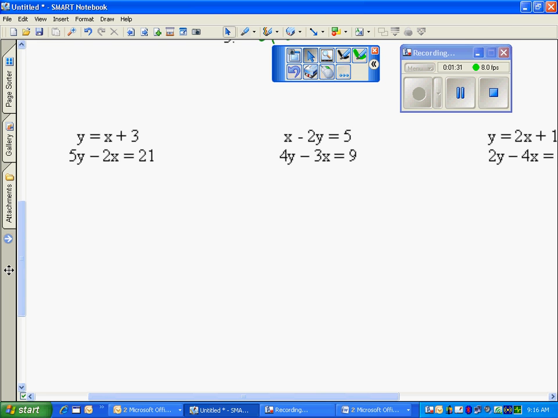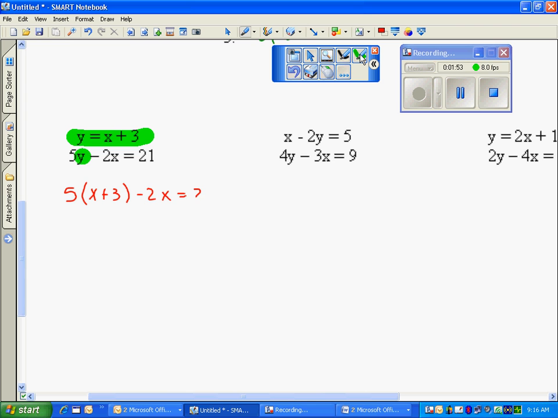Notice it's of the correct form in which I like. It makes it a little bit easier. What I'm going to do is replace y's with x plus 3 in my second equation. Here's a y. That y becomes x plus 3. So I'm substituting in the equivalent of y from the first equation.